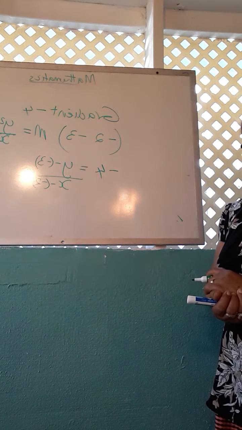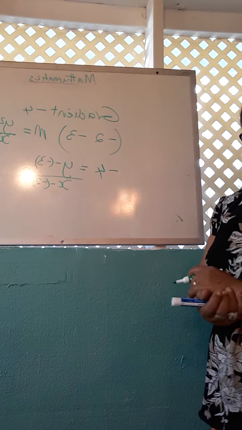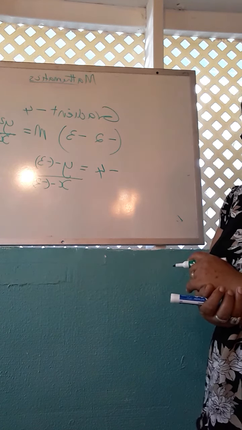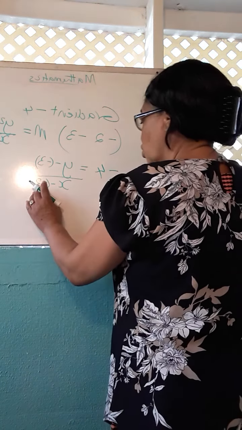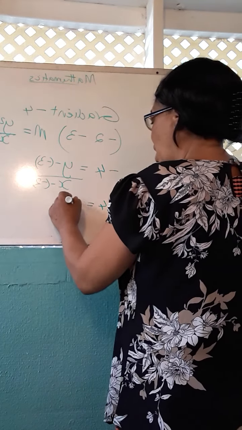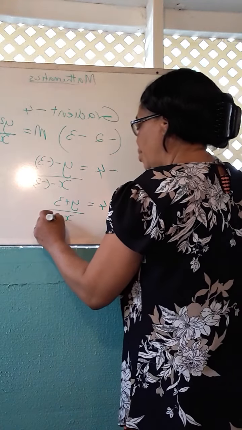So I have -4 is equal to y minus -3 over x minus -2. This is going to be -4 equal to y plus 3 over x plus 2.